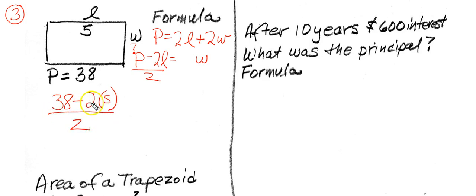Well, negative 2 times 5 is negative 10, and this is 38, so 38 minus 10 is 28, divided by 2 will equal our width. So our width is going to be 14.